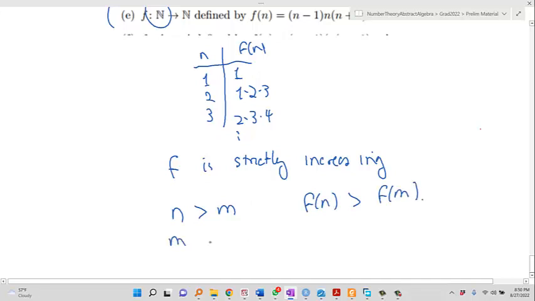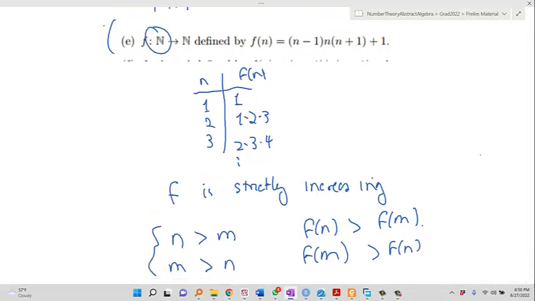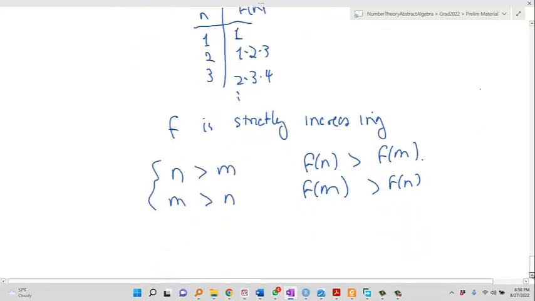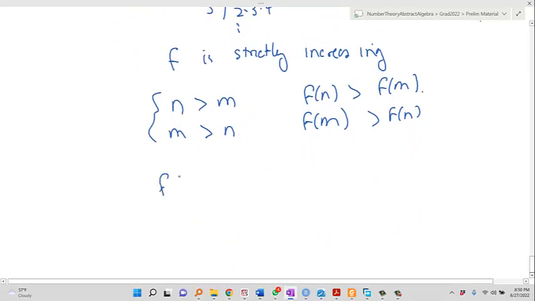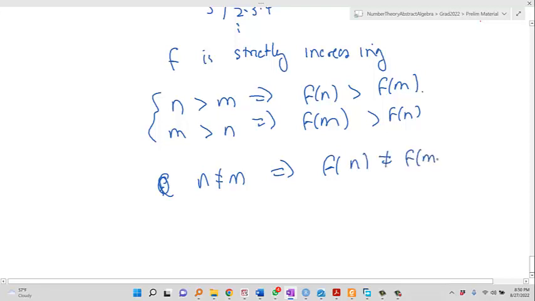On the other hand, if m is greater than n, then f of m is greater than f of n. So if I put these two together, that means that if n is unequal to m, then f of n is unequal to f of m.